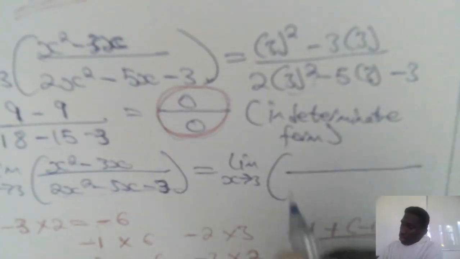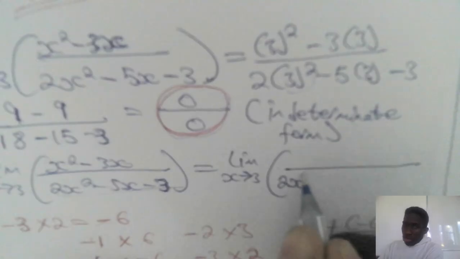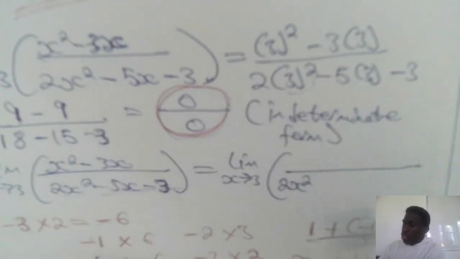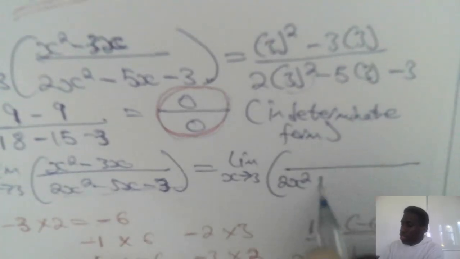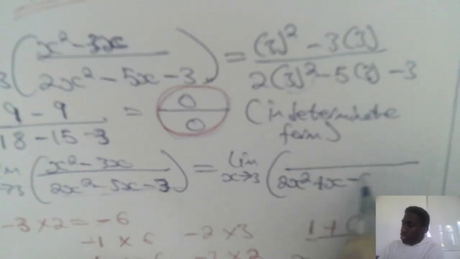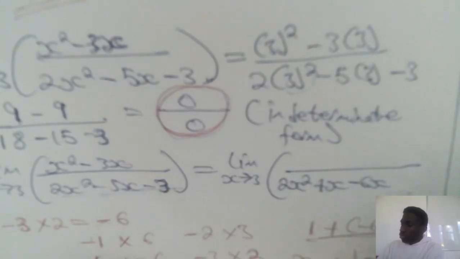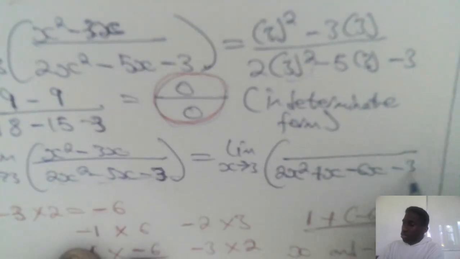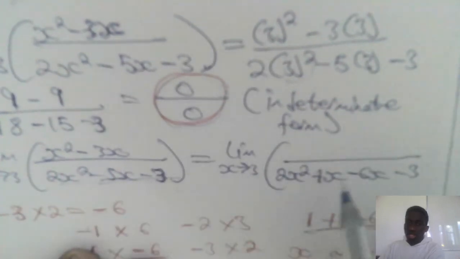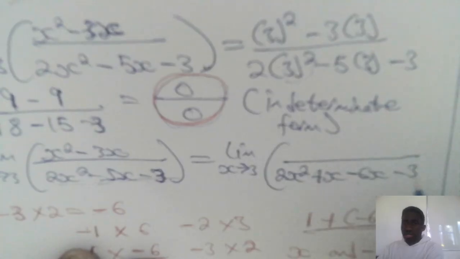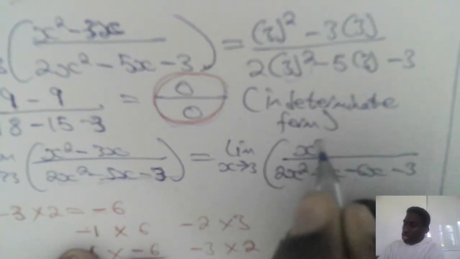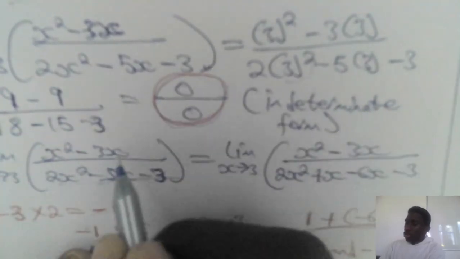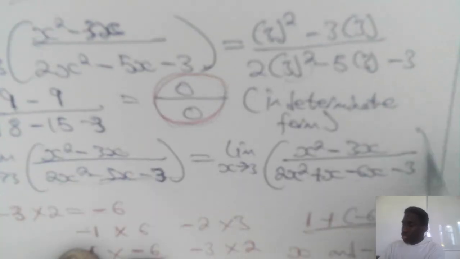We see 2x squared, so minus 5x is now being replaced with x and minus 6x. Then we have minus 3. So minus 5x is out of the picture. We just have x and minus 6x. And then we have x squared minus 3x still on top. We haven't left it yet.